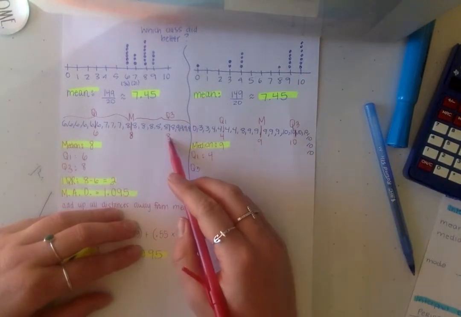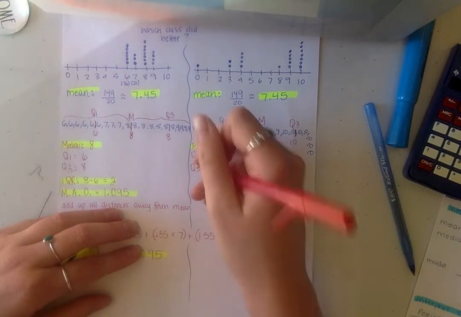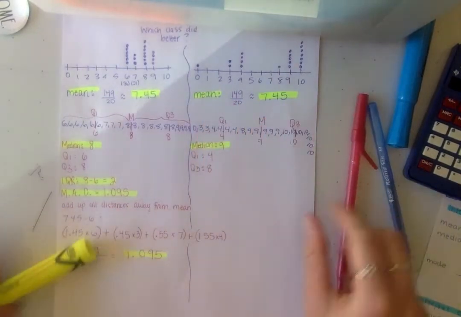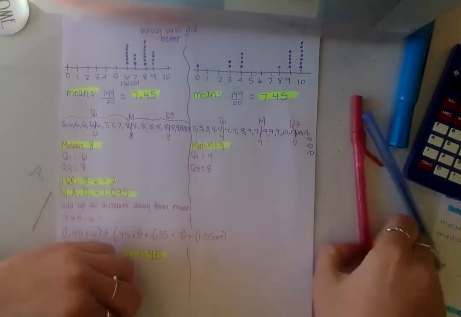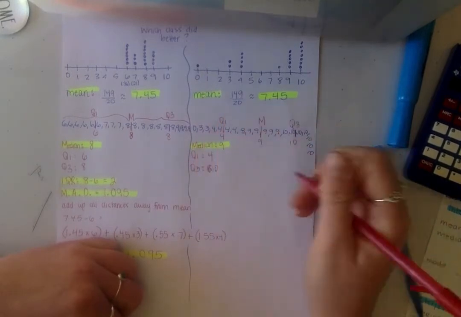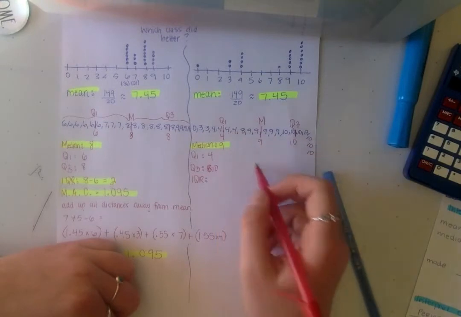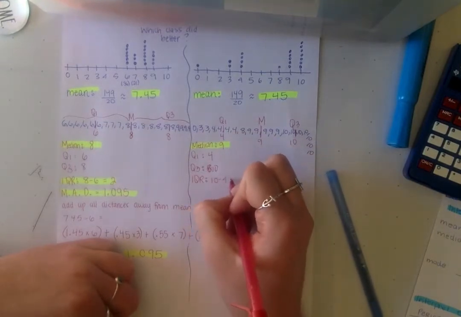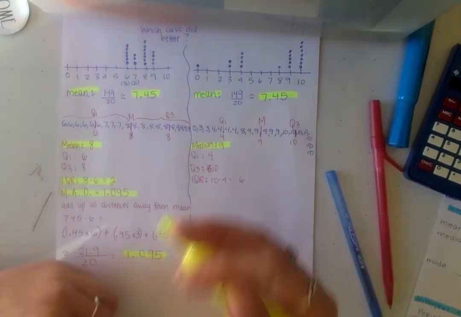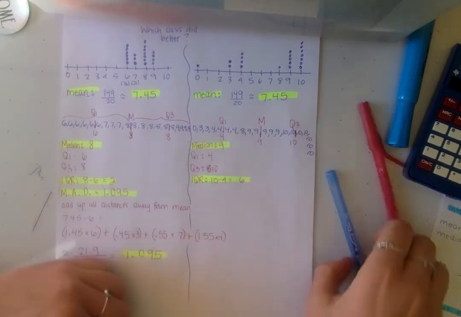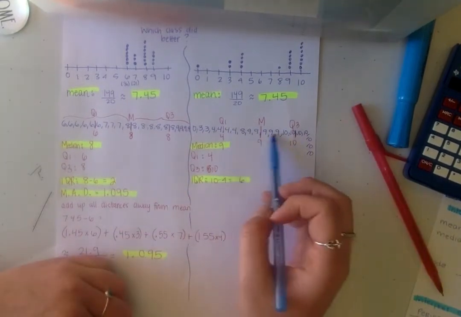So that's a big difference between 8 and 10. That's already giving me a lot of insight. Oops, I'm sorry, this is not 8, this is 10. So my IQR, the difference across the middle half of my data, will be 10 minus 4, and that's a difference of 6. So my IQR is 6. That means that these can vary by no more than 6.